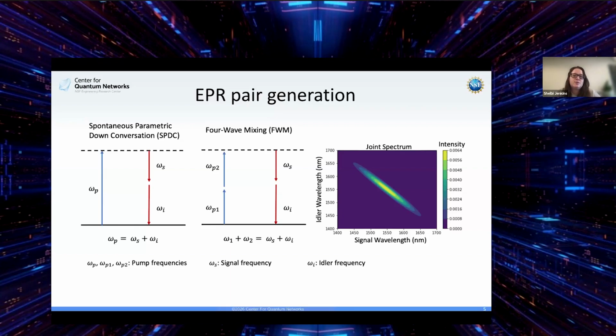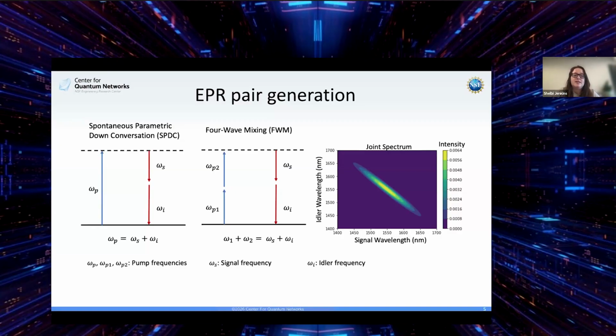But for each of these processes, this nonlinear process is going to generate a signal and an idler photon pair, where the frequencies of the signal and idler photon will add to be the same frequency as the pump frequency. So when these signal and idler photons exit from the crystal after this nonlinear process, they are entangled both in wavelength and polarization. And we'll use that information a little bit more later.